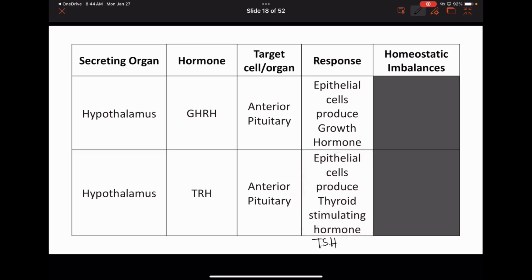And growth hormone's easy, but if you wanted to, you could abbreviate that GH as well. There are no homeostatic imbalances that we'll talk about with these two hormones, but we will for some later ones.